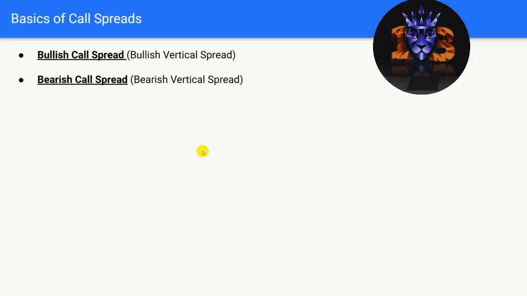There's the bullish call spread, or sometimes it's known as the bullish vertical spread, or long vertical spread. The bearish vertical spread is sometimes called a short vertical spread.